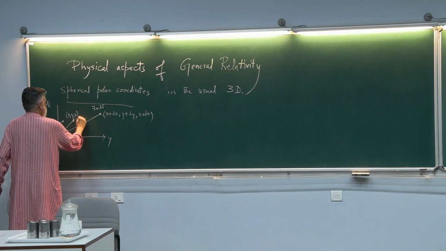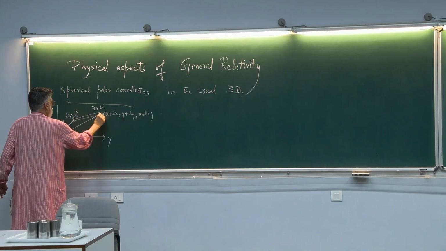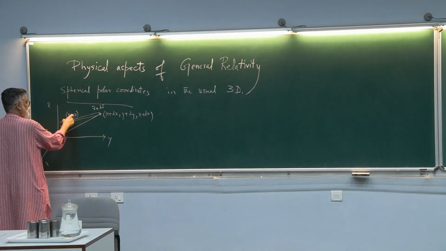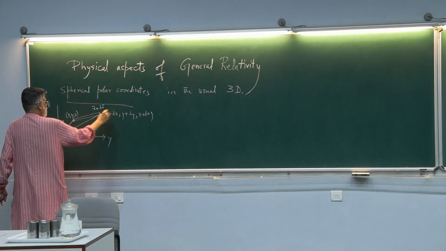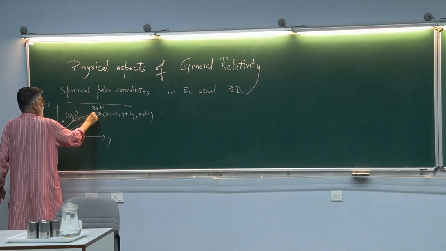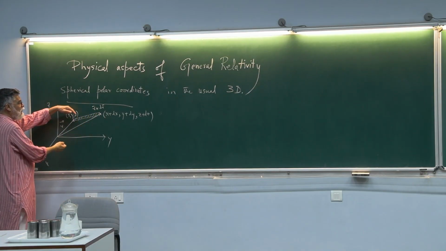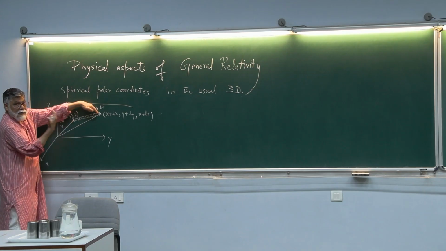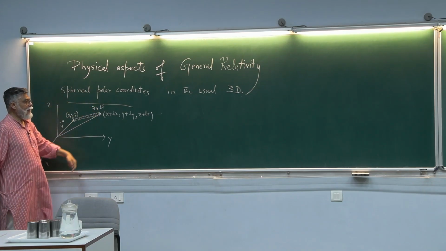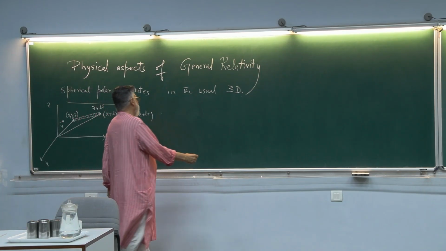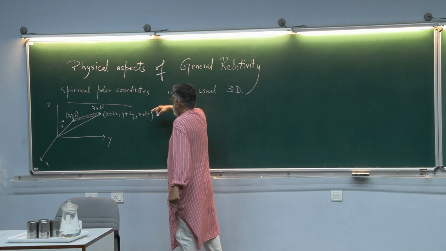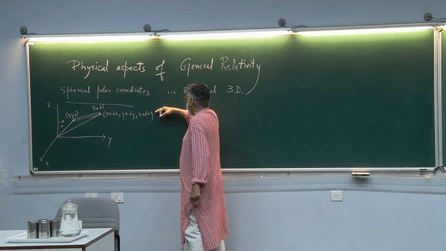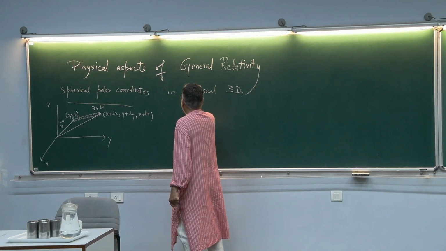So here you have a rod. One end point of the rod is at x, y, z, the other end point is at x plus dx, y plus dy, z plus dz, and we ask ourselves, what is the length of the rod? And because x, y, z have the Euclidean metric, here the metric is Euclidean.